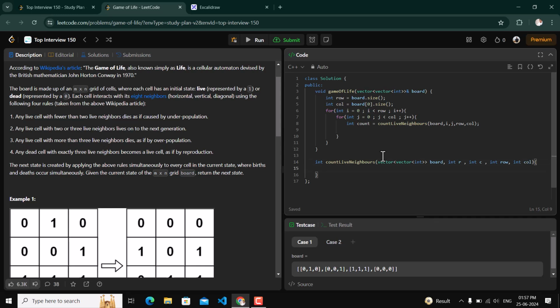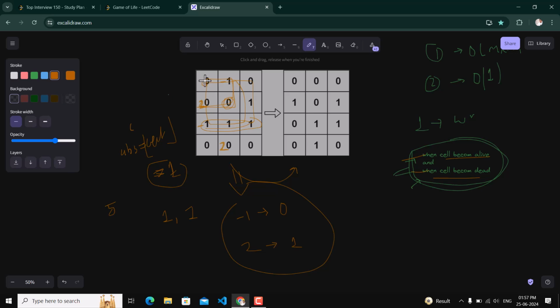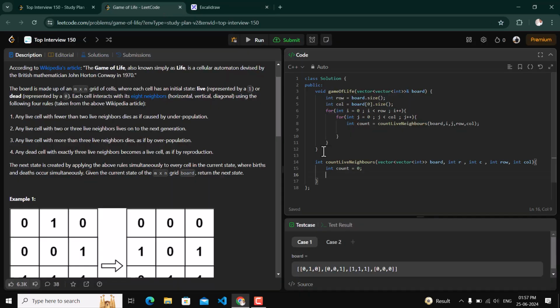Basically, let's say int count equals 0. We have to take care of the edge cases where the cells are on the boundary, like starting row, end row, starting column, end column. So first of all we will iterate internally for int i equals 0.